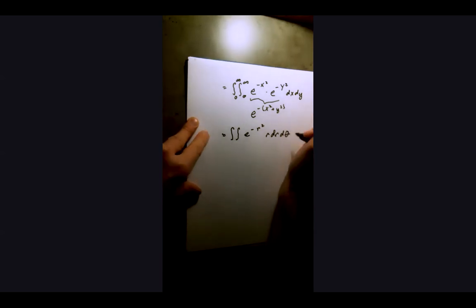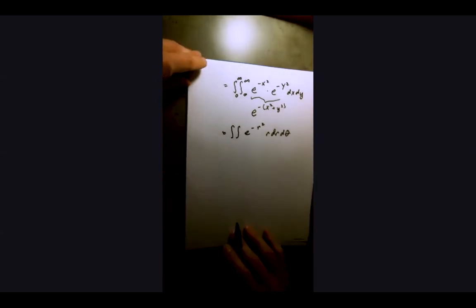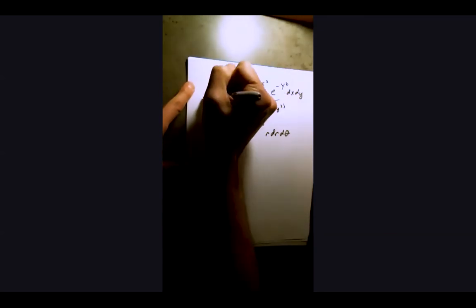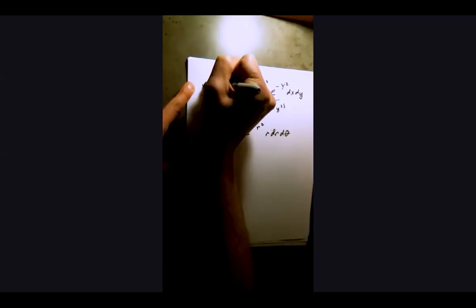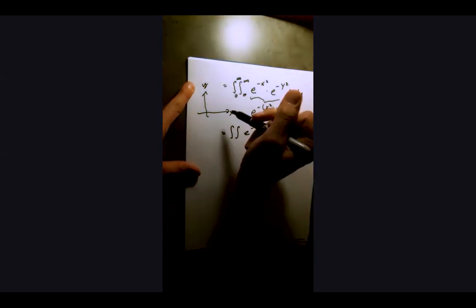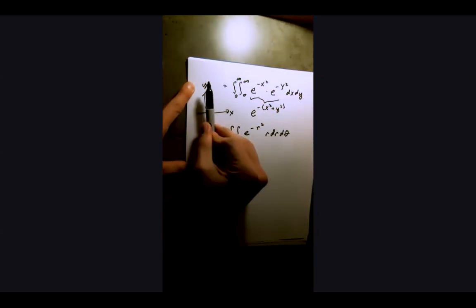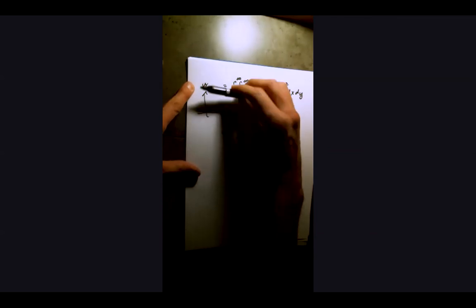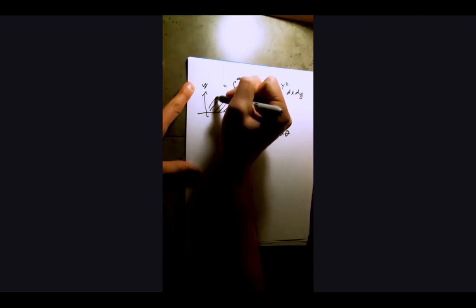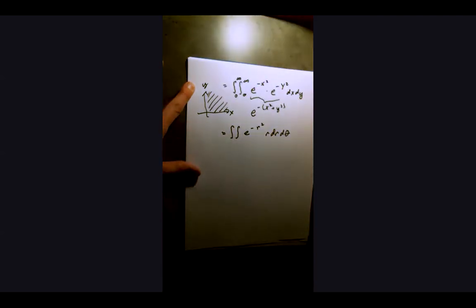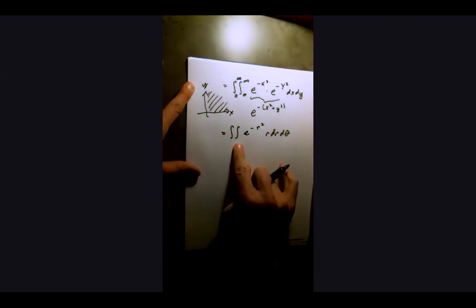Good. And then we need to deal with our limits of integration. Our region is x from 0 to infinity and y from 0 to infinity, so it would be everything in the first quadrant. If it's everything in the first quadrant, where do you want your r's to range?